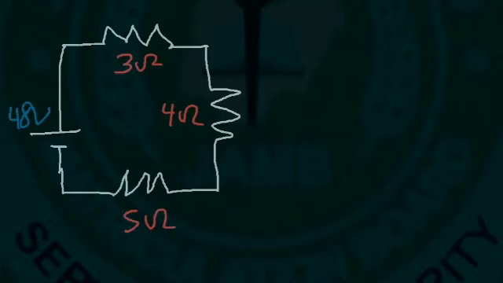Now in this particular circuit, you can redraw it like this. It's the same as viewing it this way. Let's say R1 is the 3 ohm resistor, R2 is the 4 ohm resistor, and R3 is the 5 ohm resistor. So what is the current that flows through the circuit?